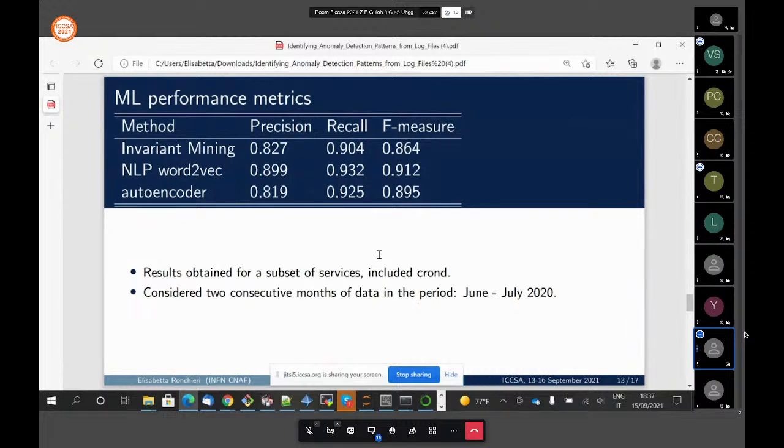The data here are for 2 consecutive months in the period June-July 2020, and the results are for a subset of services, including the crond file service that I showed before.